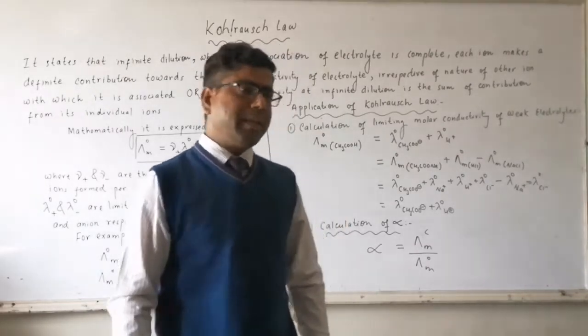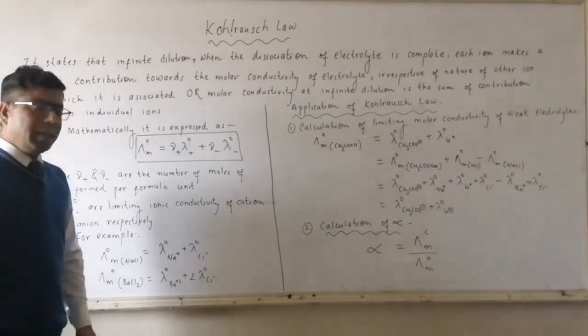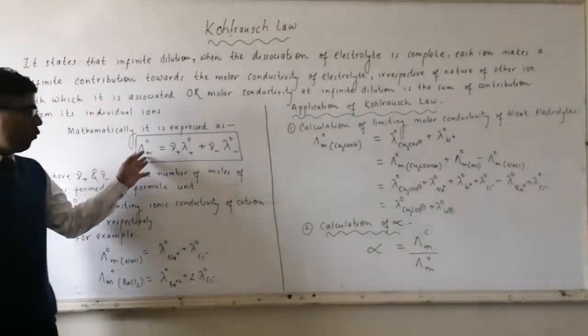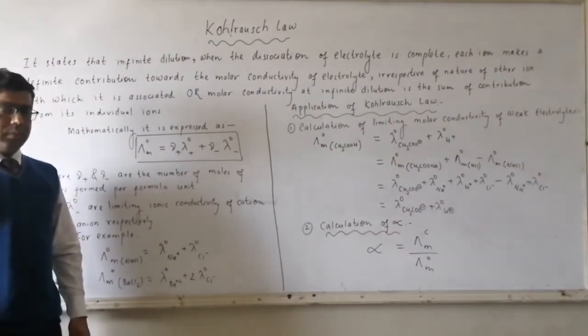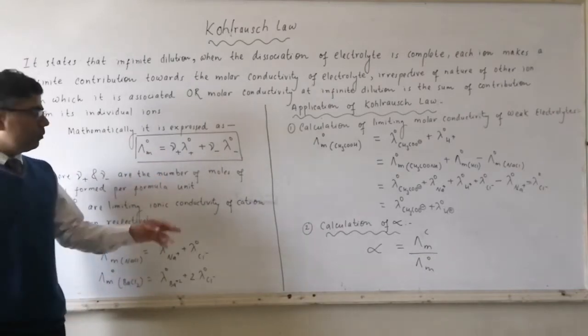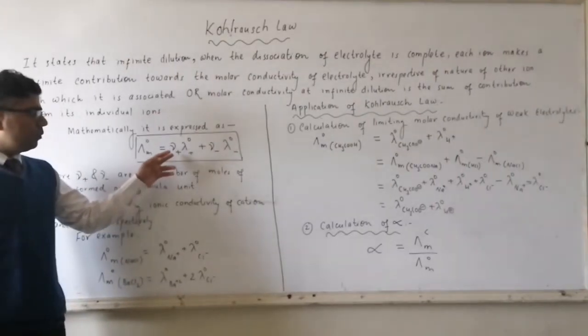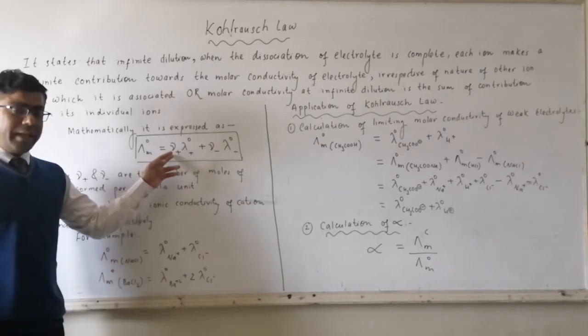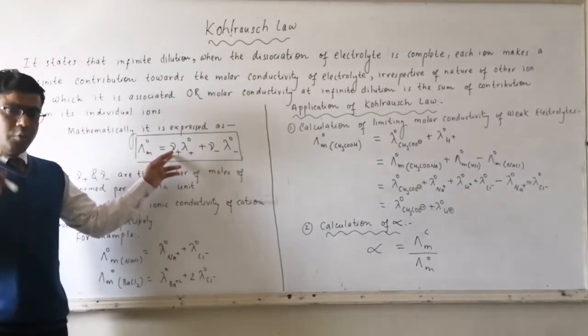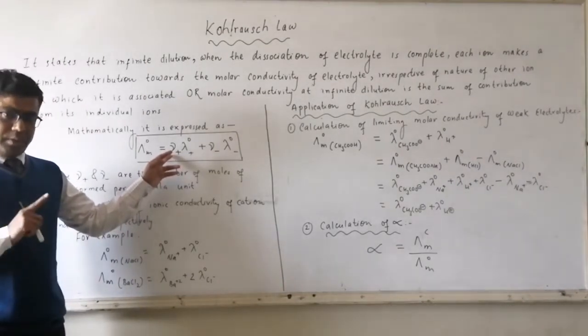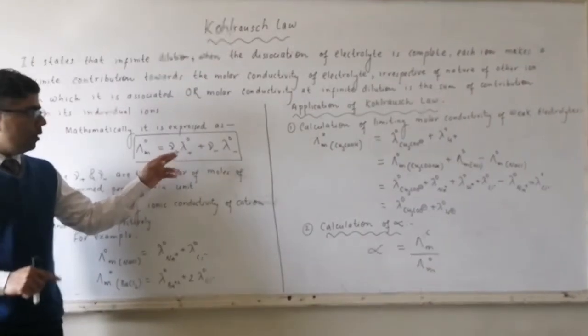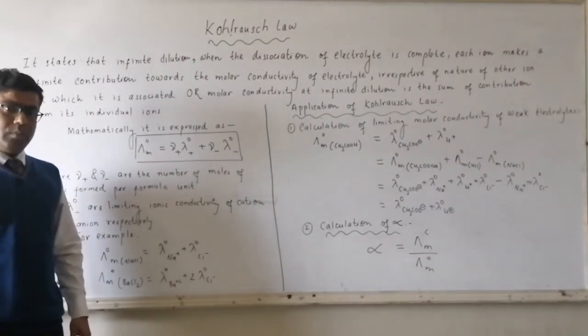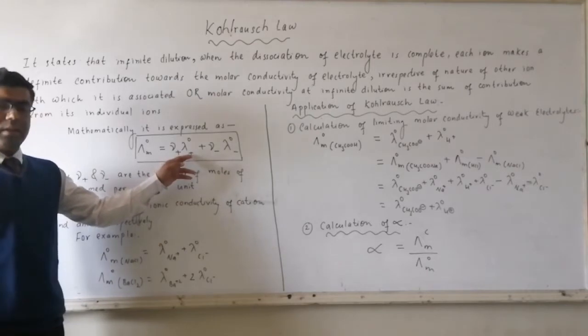So how do we represent limiting molar conductivity? Limiting molar conductivity for any electrolyte is equal to the number of cations formed per formula unit into the limiting ionic conductivity.